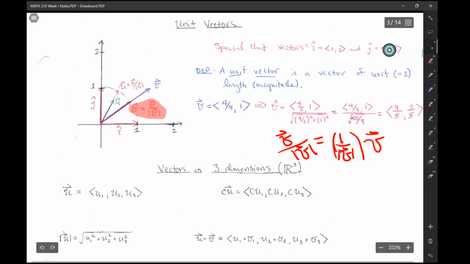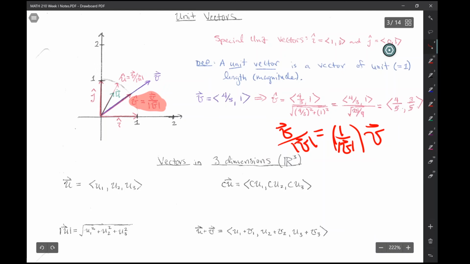So 5/3 is the magnitude of this vector. And you then take this x component and divide it by 5/3, or you could think about it as multiplying by 3/5. And you do the same thing with the y component. And you end up getting the vector v hat.